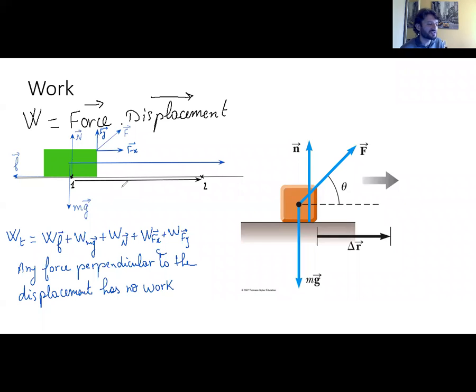Here we have only a displacement along the x-axis, so it equals delta x in the i direction. We don't have a y displacement. So it equals the final position x2 minus the initial position x1 in the i direction. In this case, x2 minus x1 is also the distance, because we have a direct motion between 1 and 2.